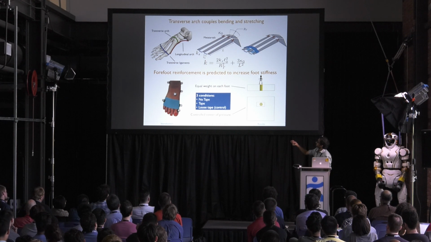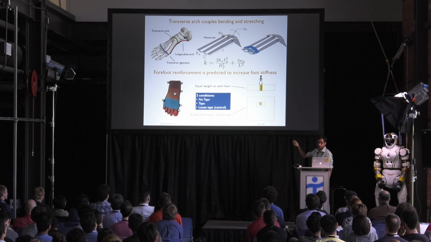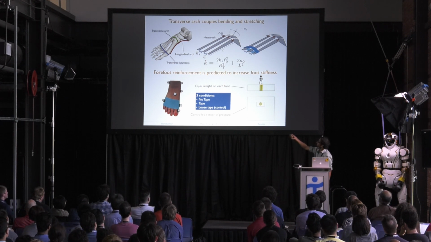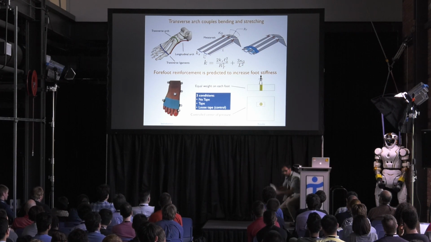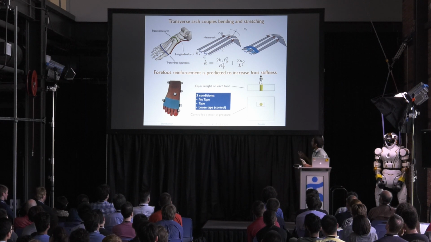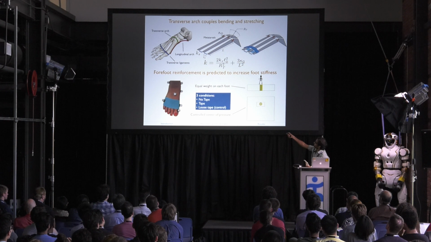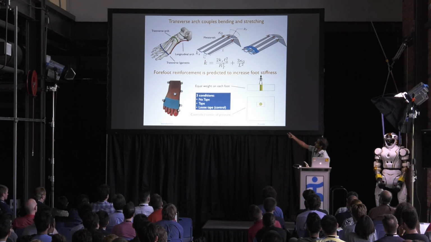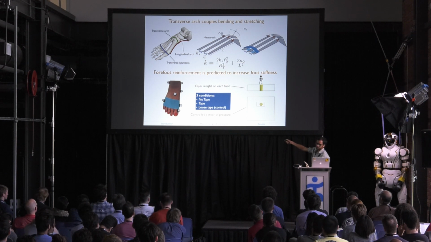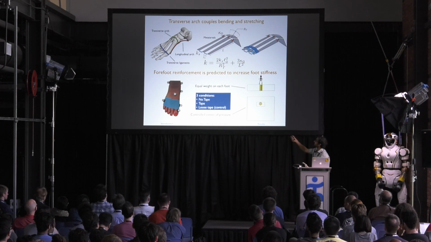So we model the transverse arch to try and extract the stiffness dependence on curvature. My simple model consists of 3 rigid metatarsals, which are these long finger-like bones in the middle of the foot. These metatarsals are attached to the base via torsional springs of stiffness kappa 0. And these springs model the contributions of the longitudinal arch, the bowstring contribution that I mentioned.